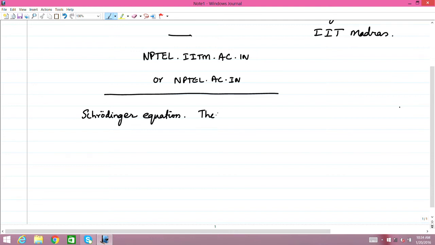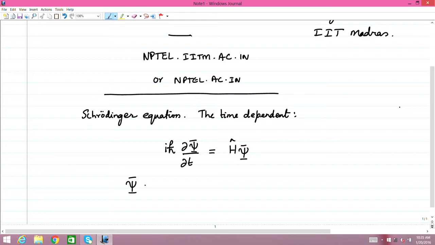The time dependent Schrodinger equation is given by this equation, i h bar, the partial derivative of psi with respect to time, is equated to the operation of the Hamiltonian operator of the system under study acting on psi, and psi here, which I shall use as a capital psi, is a function of both the coordinates of the system and of time. So, that is what is denoted as psi.